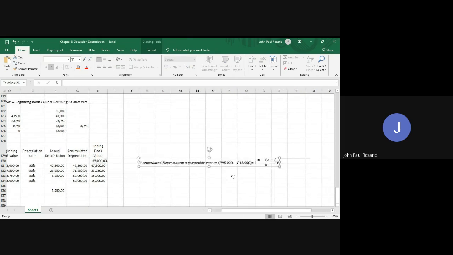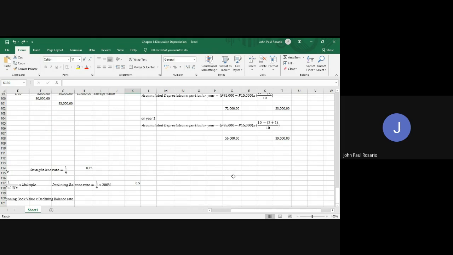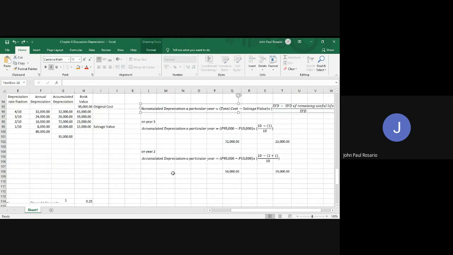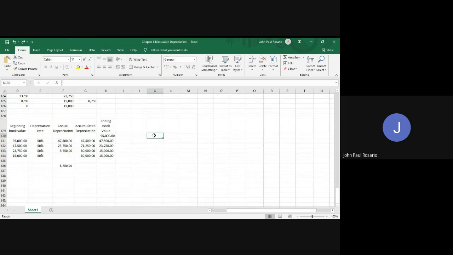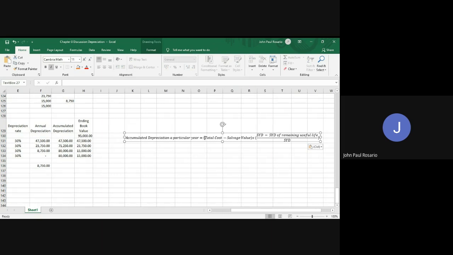So, the accumulated depreciation for a particular year can be obtained by multiplying our original cost by 1 minus depreciation rate, and then you have to repeat this one.